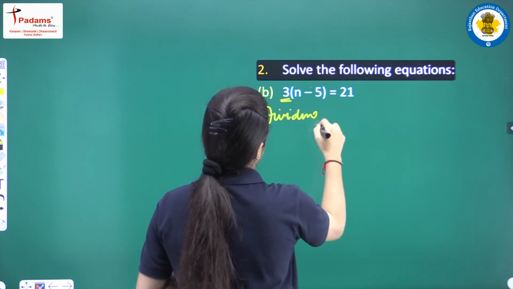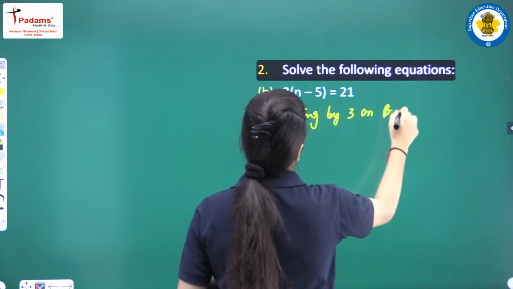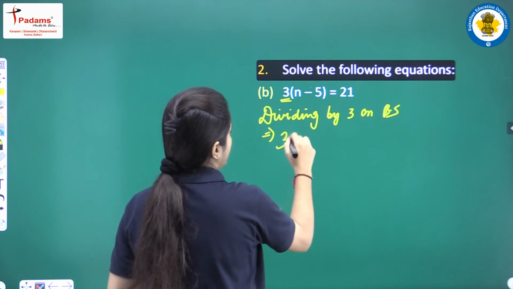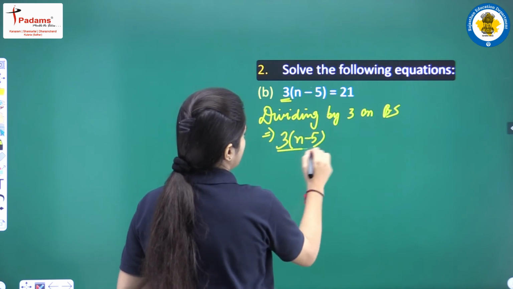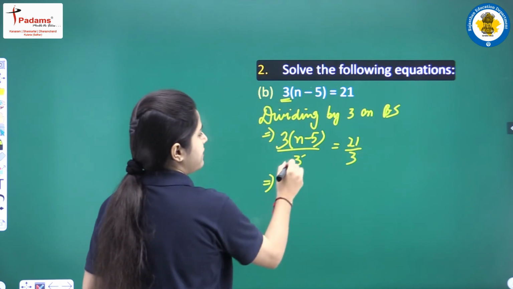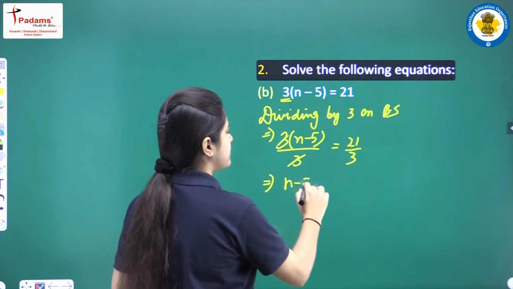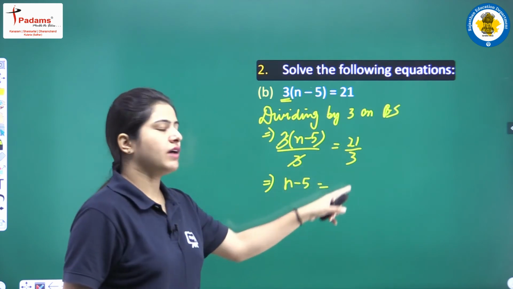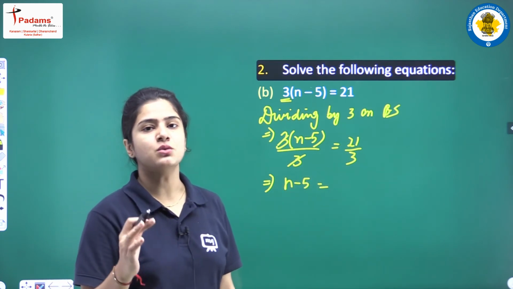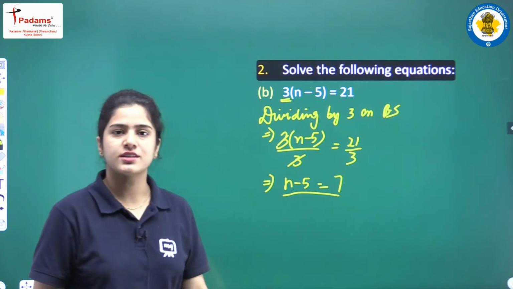Dividing by 3 on both sides, 3(n minus 5) upon 3 is equal to 21 upon 3. 3 will be cancelled out from this 3. What is left? n minus 5 is left. It is equal to 21 divided by 3, that is equal to 7. This is the equation now.